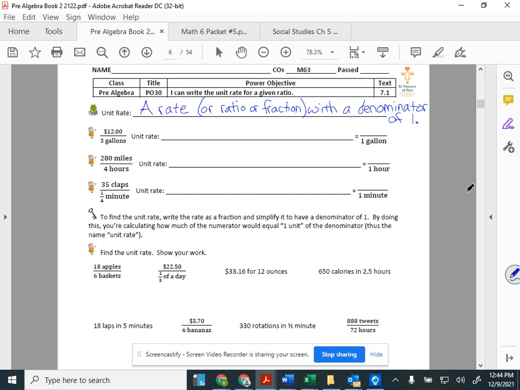So it's very important to keep in mind that the denominator always has to be set to a 1. So when we want to say it's this rate, the denominator always has to go to a 1.